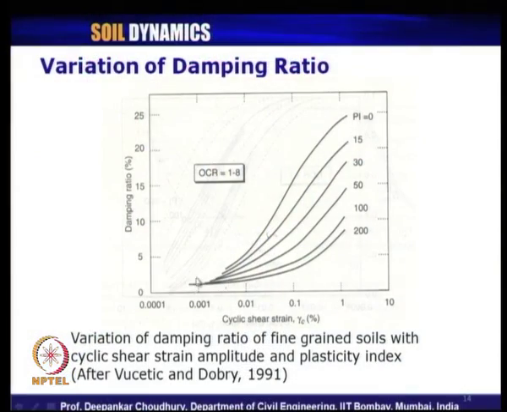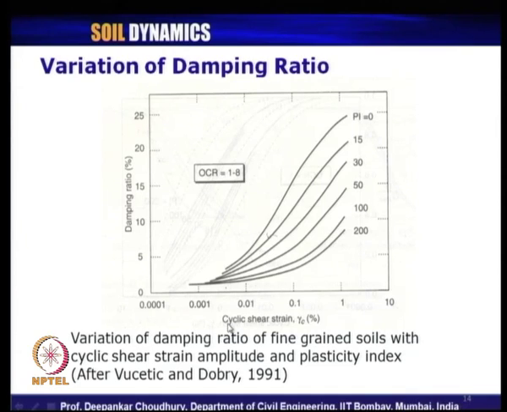Now, let us see what are the different effects of variation of this damping ratio with change of cyclic shear strain as proposed by various researchers. Again, the work of Vucetich and Dobry in 1991 for fine grained soil has been reported here. For different values of cyclic shear strain, how the damping ratio behaves is represented in percent, and for various soils they have considered OCR values between 1 to 8, and for different values of plasticity index they have plotted the curve.